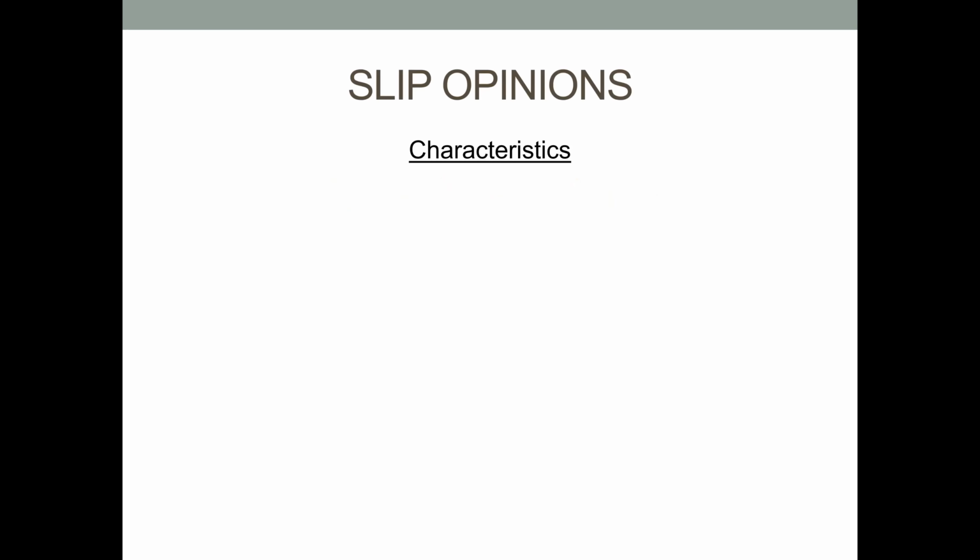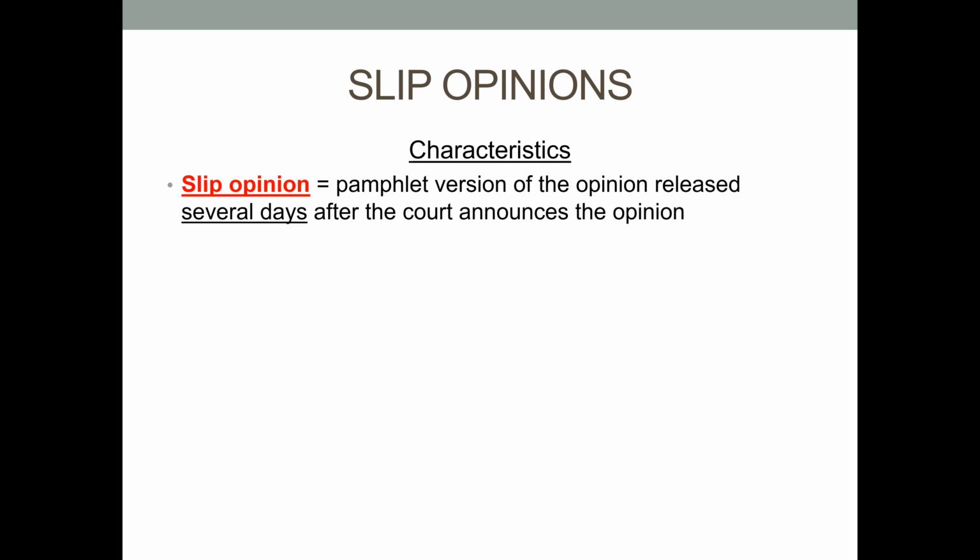Okay, so that's the first stage of publication for U.S. Supreme Court opinions. Now, the second stage of publication for U.S. Supreme Court opinions, and what would normally be the first stage of publication for other courts' opinions, is the slip opinion.